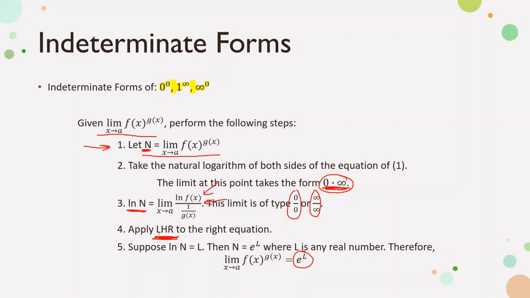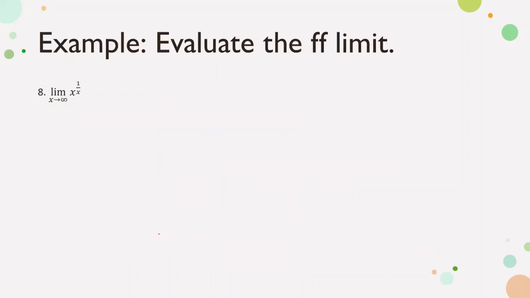So let's try to solve some example which is under this form. We have the limit as x approaches infinity of x raised to 1 over x. If we substitute our limit, we have infinity raised to 1 over infinity, which is infinity raised to 0. So we have to apply the rules stated there.